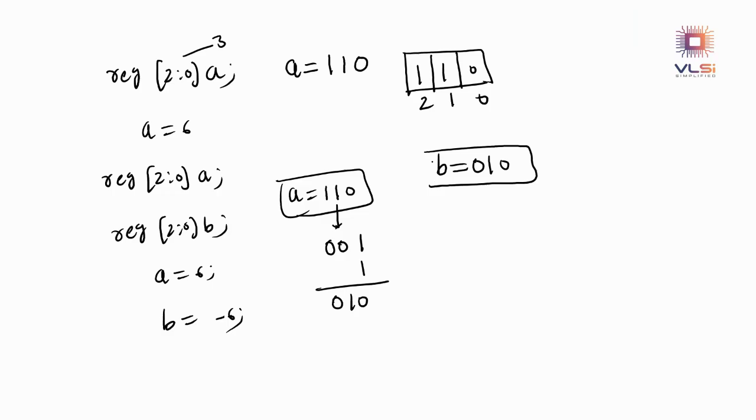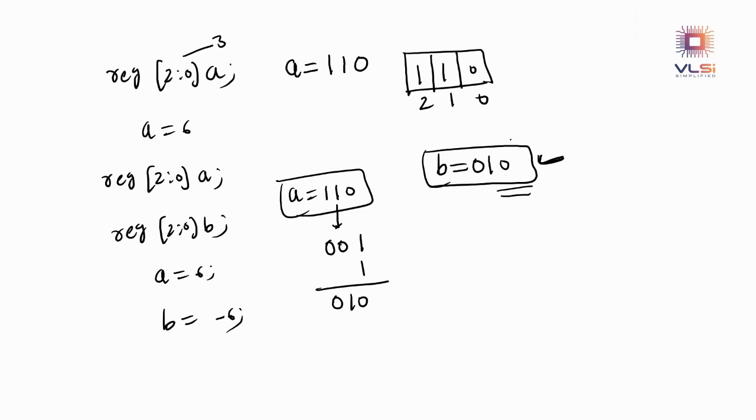Why? Because in digital, negative numbers are represented in three forms: sign magnitude form, one's complement form, and two's complement form. In sign magnitude form and one's complement form, for -0 and +0 you have two representations. In two's complement representation, for -0 and +0 you have only one representation. So with sign magnitude or one's complement, the compiler would not understand whether to store a -0 or a +0 value.